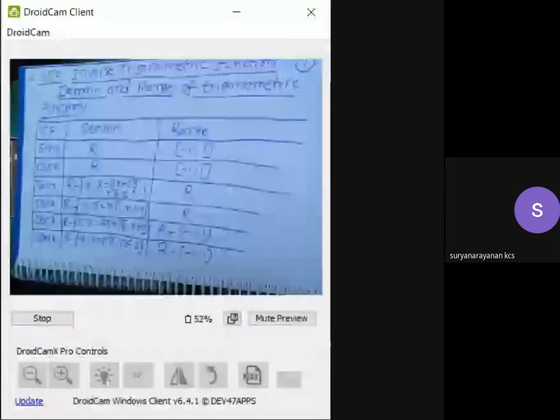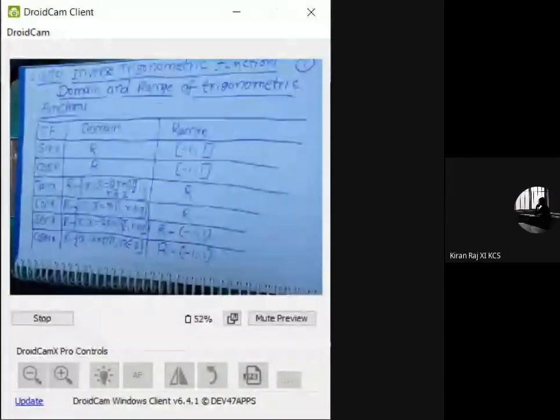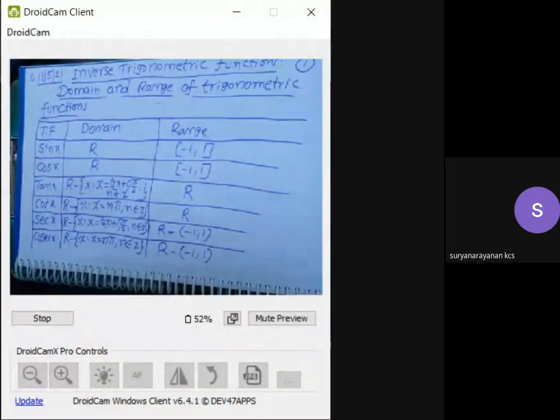Which type of functions are invertible? Kiran Raj. Sir, your voice is breaking, sir. Okay, which type of functions are invertible?